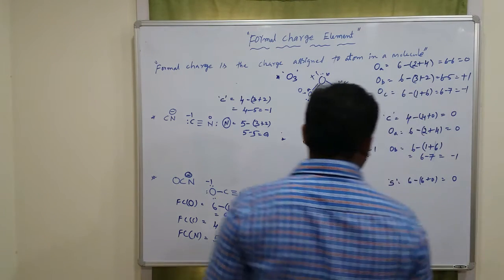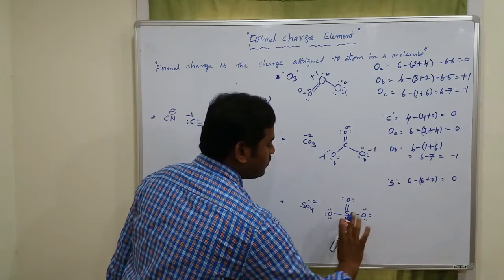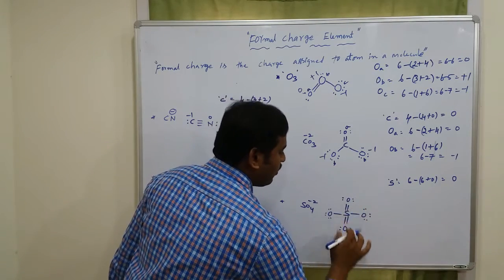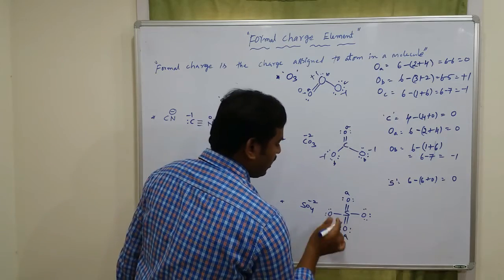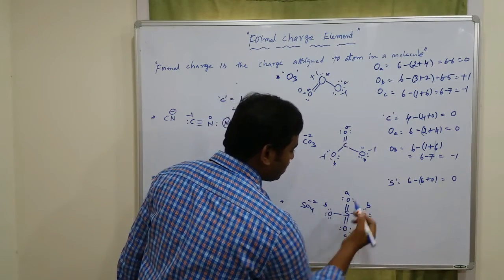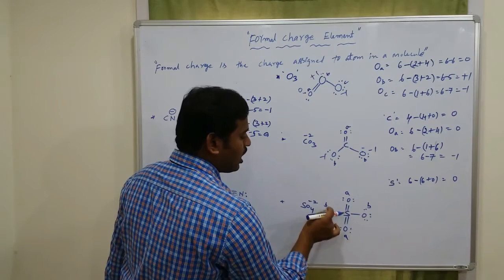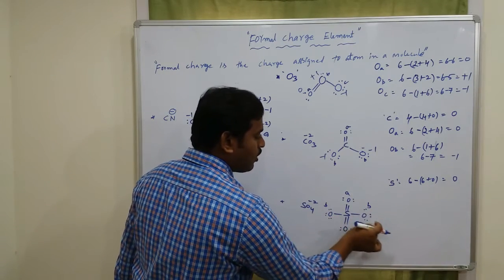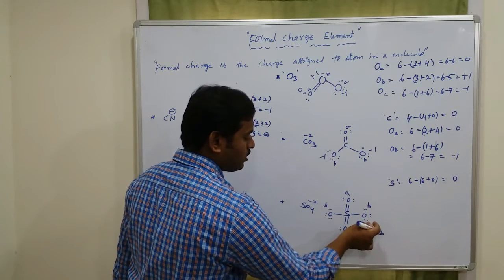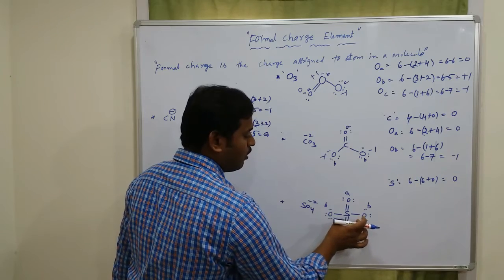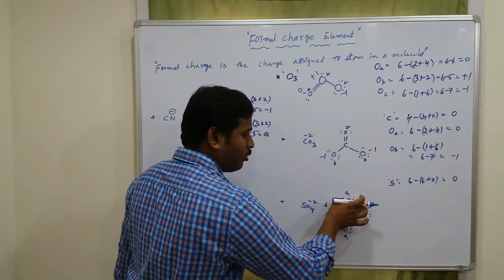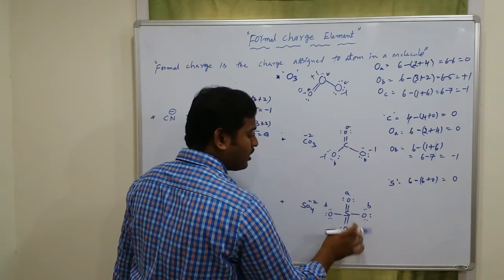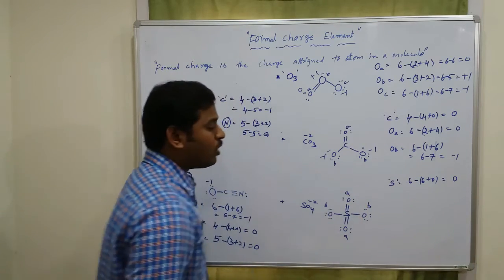Coming to the oxygen atoms, there are two types of oxygen atoms. These two are similar type of oxygen atoms, considered A and A. These two are B type oxygen atoms, because around the oxygen atom it has 3 lone pairs. Here also around the oxygen atom it has 3 lone pairs, attached with single bonds. But these two are different. They have 2 lone pairs each, and are attached with 2 bonds.